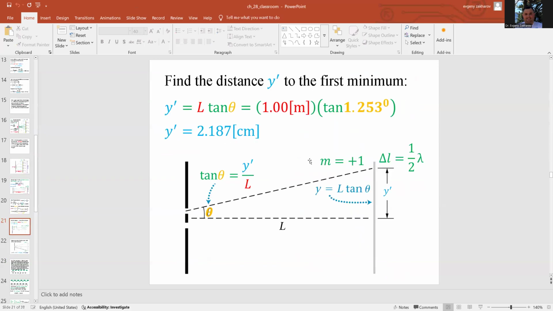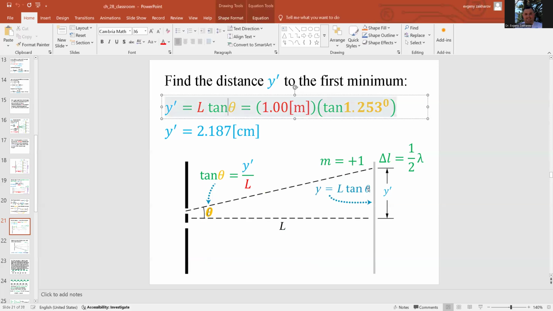Okay, and oh yeah, and then the last step is to actually find the distance to the first minimum. Well, if you know the angle and you know the side, then you can solve for any other side of a triangle. This time, if the side is what we are given and we want another side, not the hypotenuse, then clearly the function is a tangent.